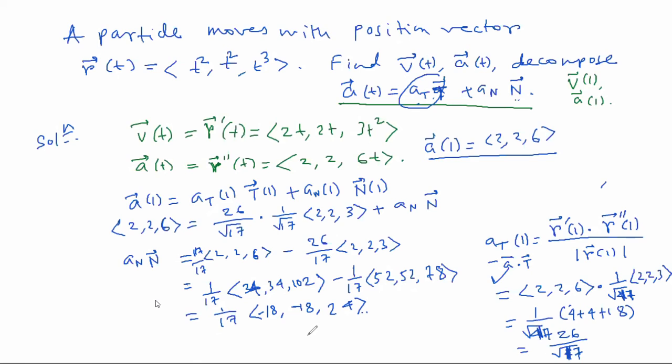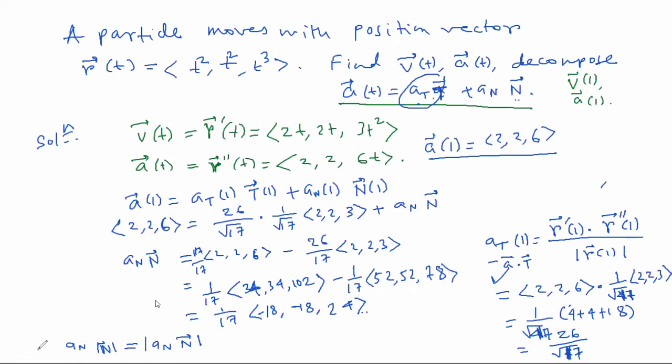But if you do want to find the normal vector, then you just divide by its length. So remember, this is just n, and the normal vector length is 1.